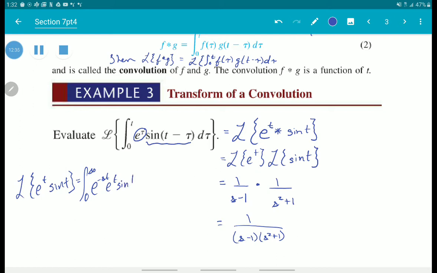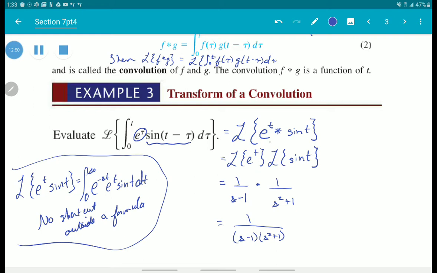We would end up thinking about it this way. There is no shortcut for this. That is outside of a formula.